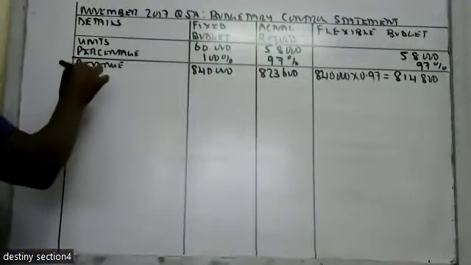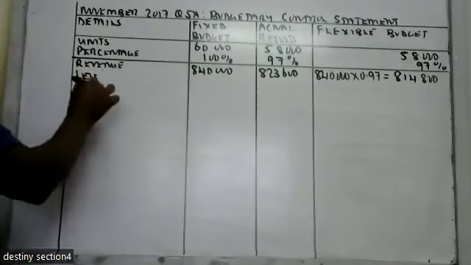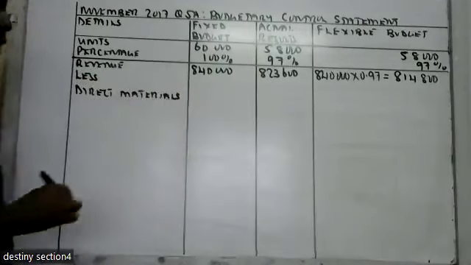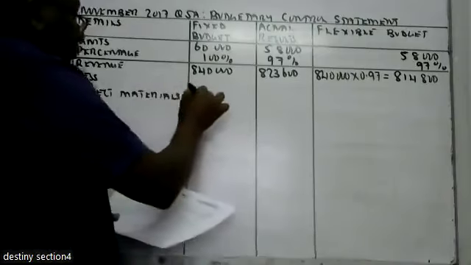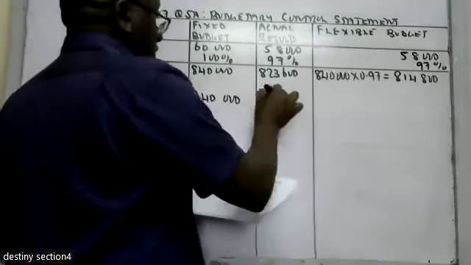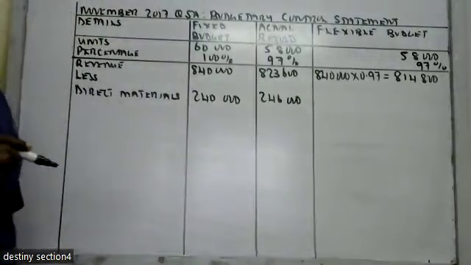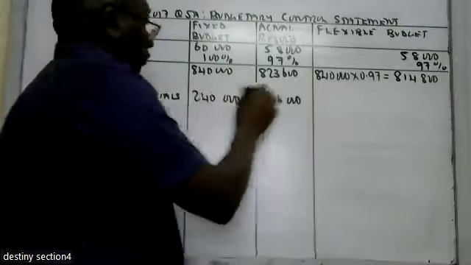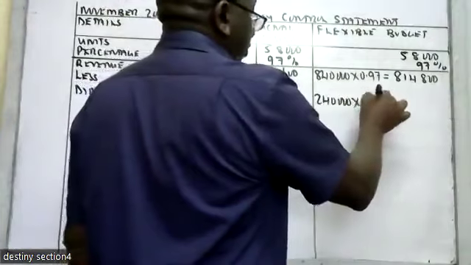Then you less direct materials. Now direct materials is given as 240,000. Na hapa tumepewa 246,000. And we know for sure that direct material is variable. It's a variable cost. So unachukua hii ya 240 multiplied by 0.97.